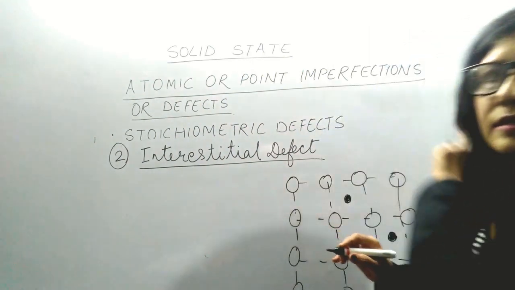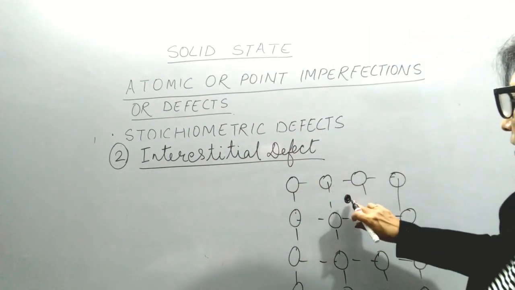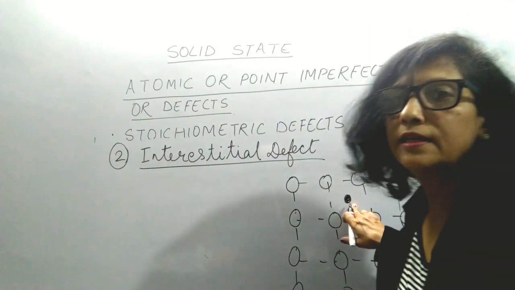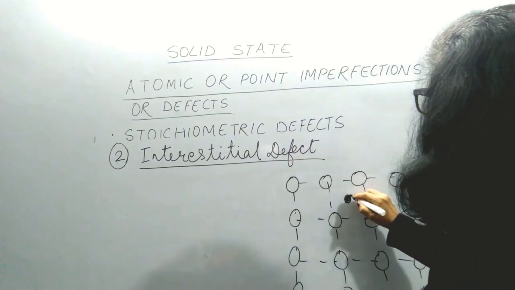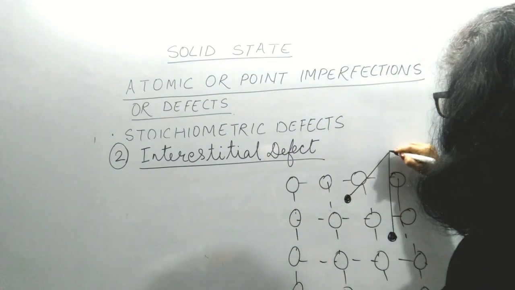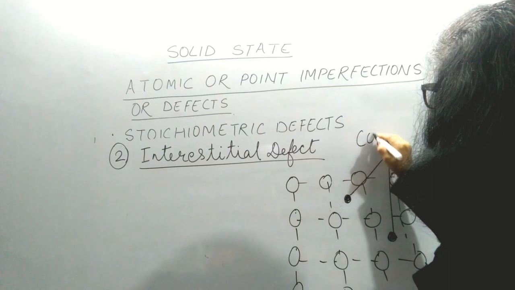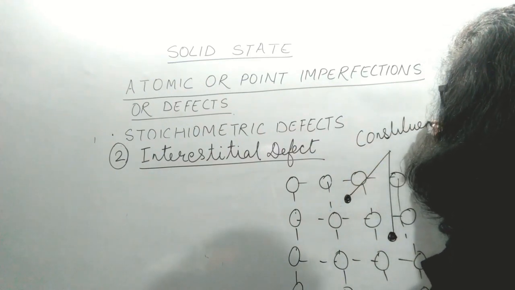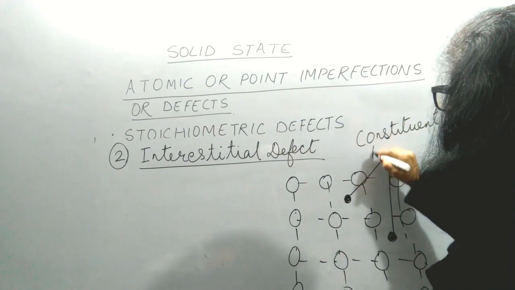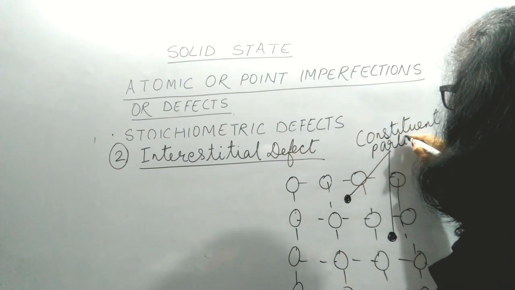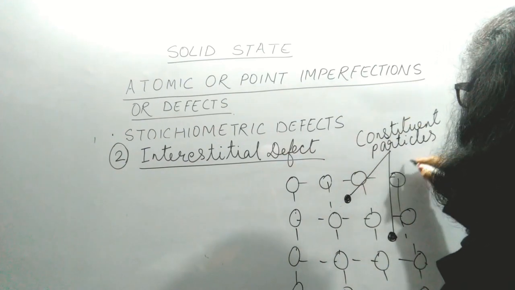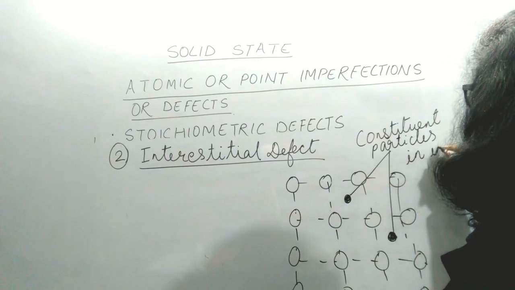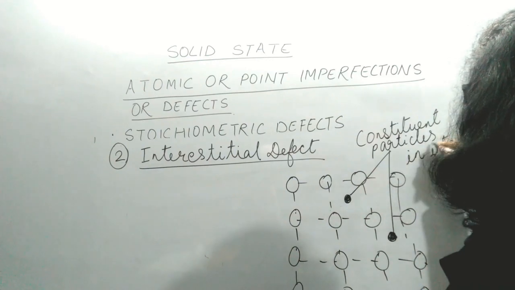So here is the lattice. We can see here constituent particles are in the interstitial sites. So here we can mark here constituent particles in interstitial sites.